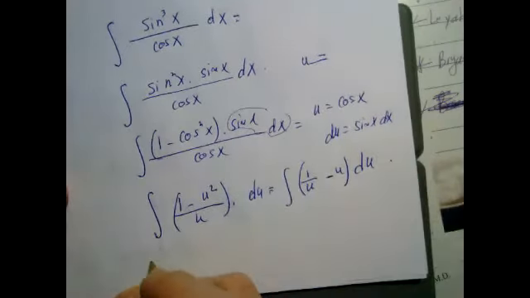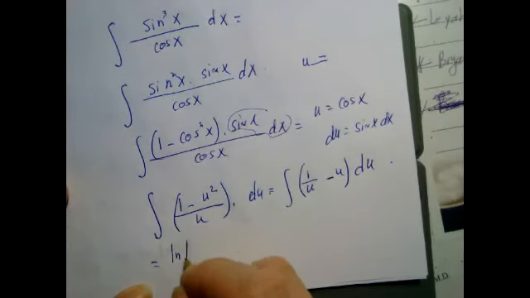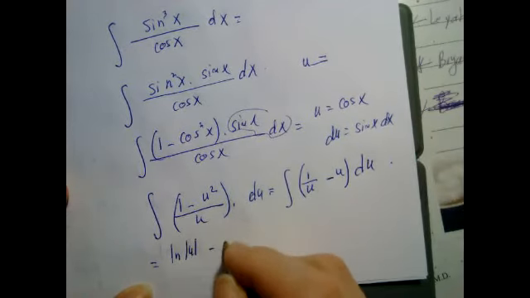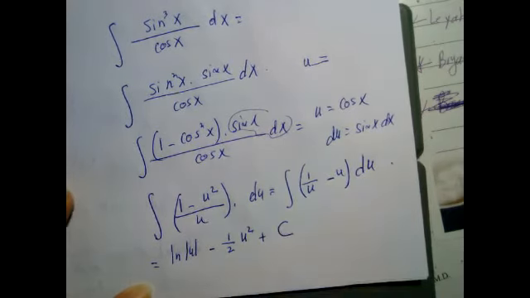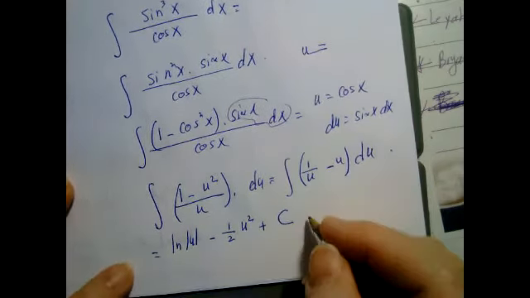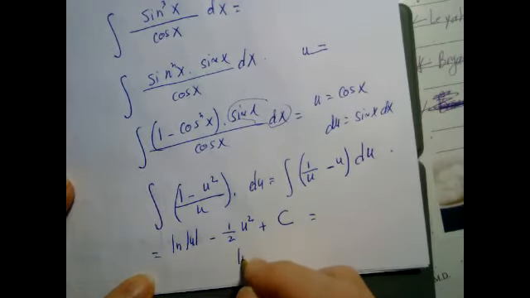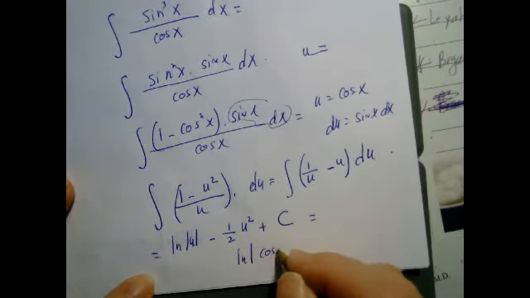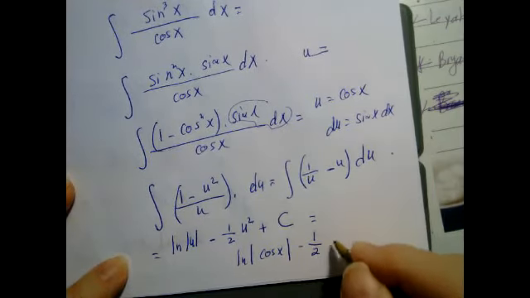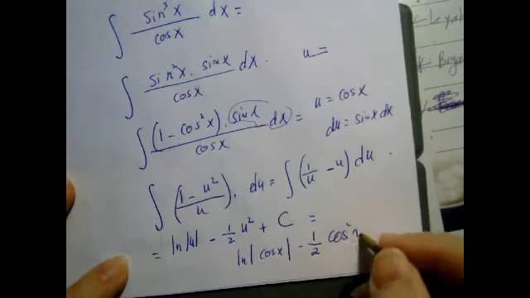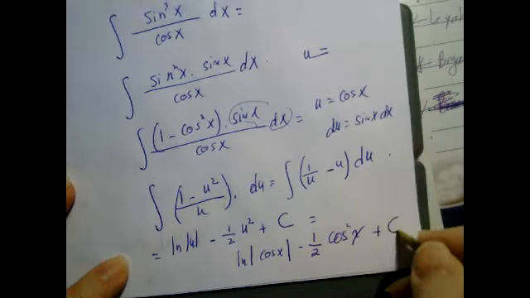This is equal to ln of u minus a half u squared plus c, which is ln of cosine x minus a half cosine square x plus c.